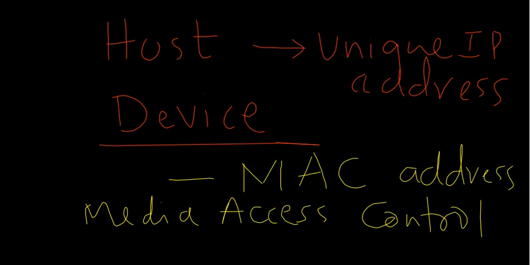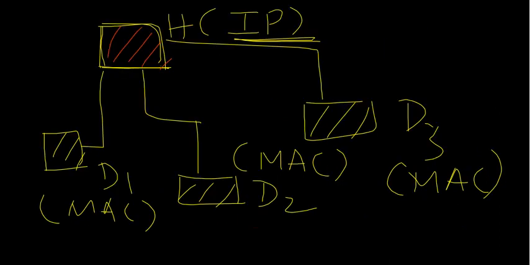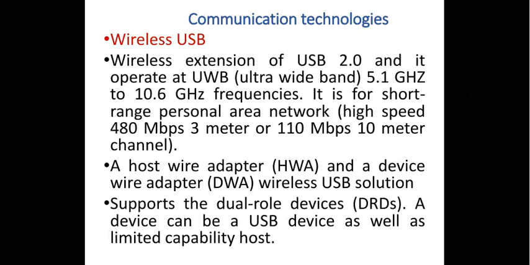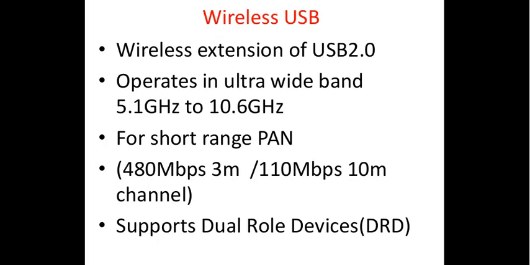Okay, so now with that we will go to the next slide, wherein we have some more important aspects related to the wireless USB. You can see here, wireless extension of USB 2.0 operates in ultra wide band of 5.1 gigahertz to 10.6 gigahertz.